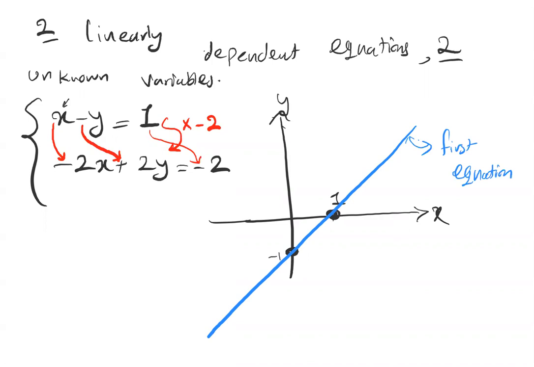For the second one, if x is equal to 0, y is going to be again -1. And if y is equal to 0, x is going to be 1. So as you can see, both of the lines are basically the same, which means you have an infinite number of answers for this set of linear equations.